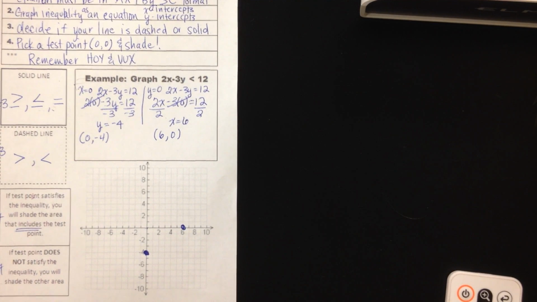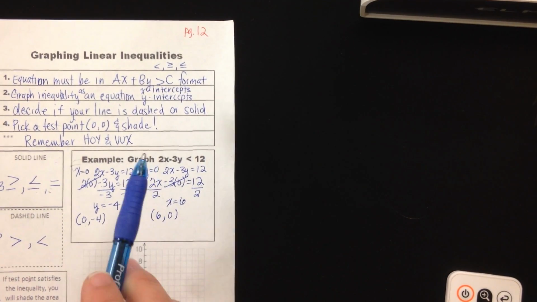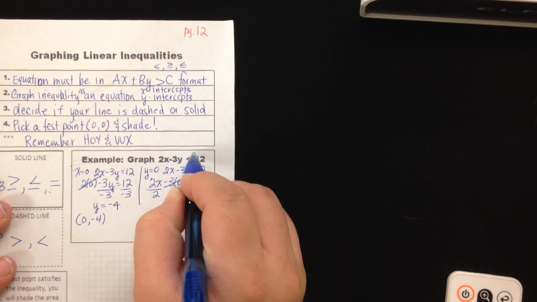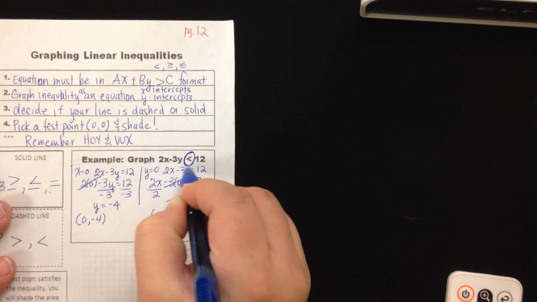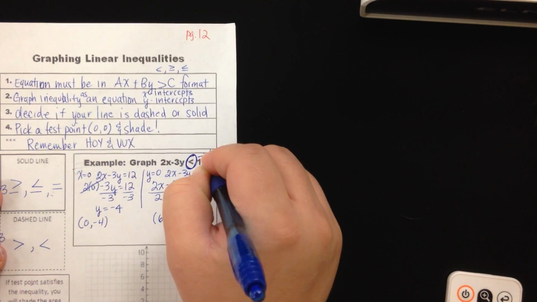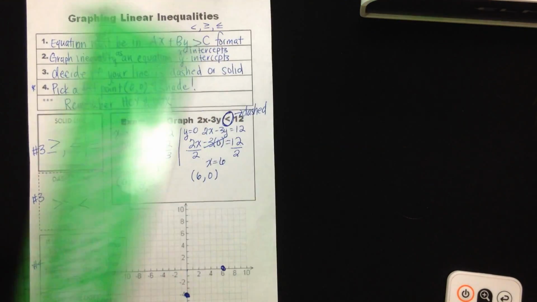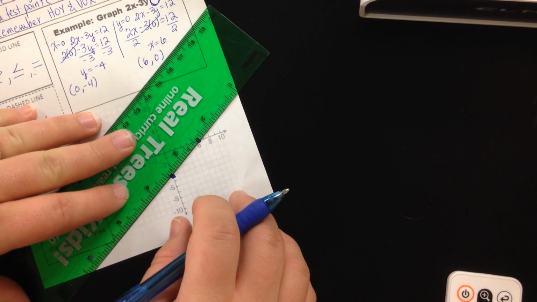Now, before you draw your line, step 3, you need to decide if it's going to be solid or dashed. So, we need to look at our inequality sign here. This is a non-inclusive, so this is going to be what? It's going to be dashed. Very good. So, take your straight edge. Okay, and I have a ruler, but you can do the side of the paper.